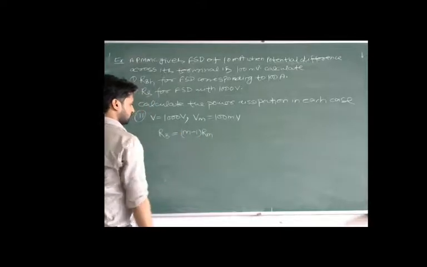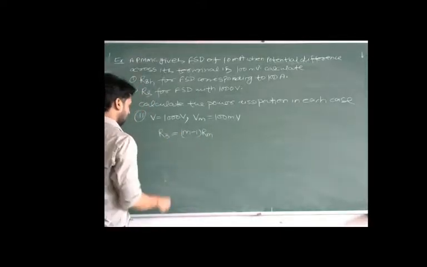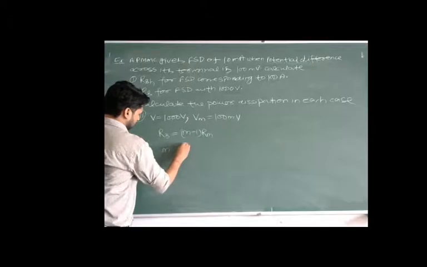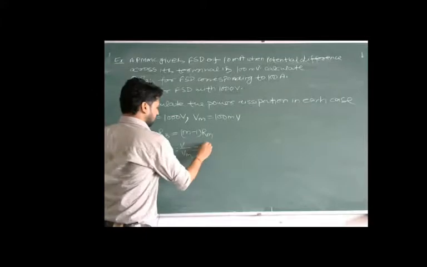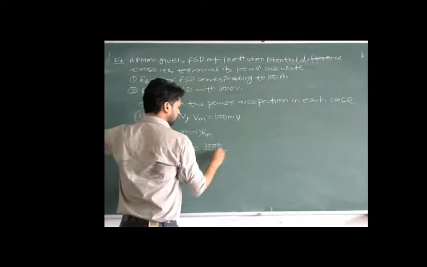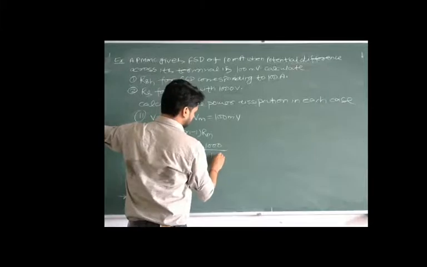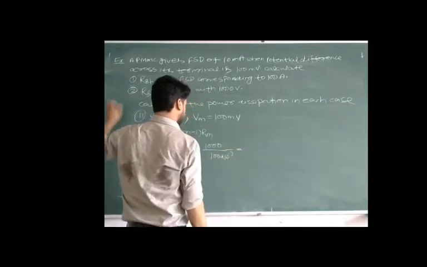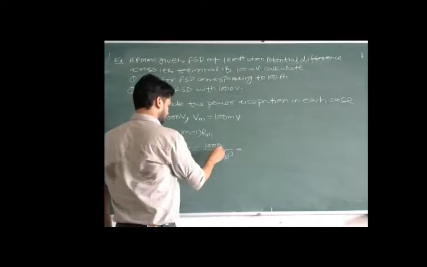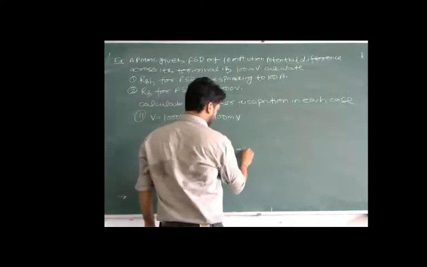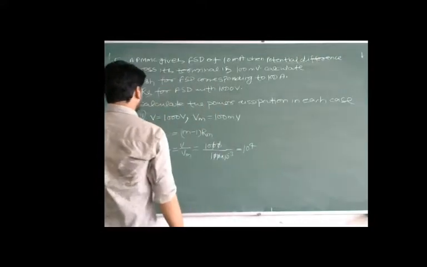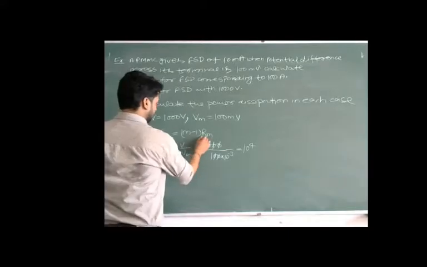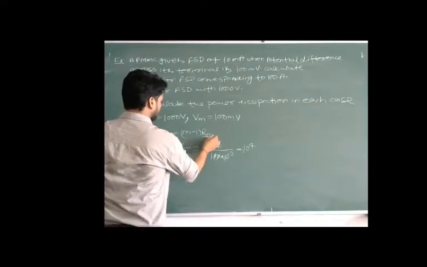Rm and m should be known to us. To calculate the value of Rs, m can be written as capital V upon Vm, which is equal to 1000 upon 100 into 10 power minus 3. This will be equal to 10 power 4.